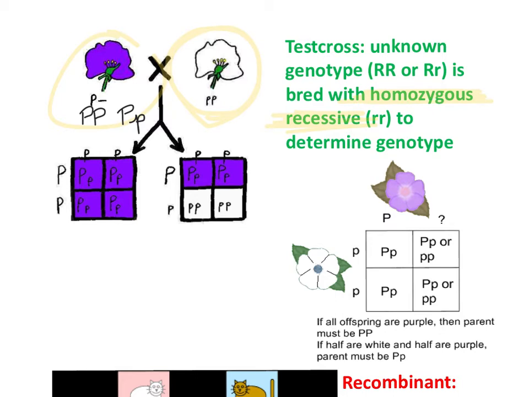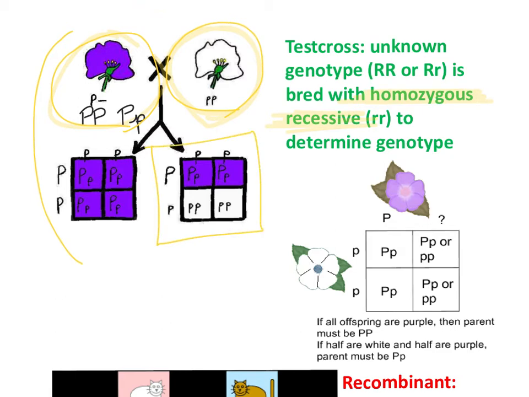So shown here are 2 possible outcomes from breeding my unknown purple plant with my white plant. If I end up with any offspring that are white, I know that my unknown parent had to be heterozygous, because that's the only way I could possibly get any white offspring.